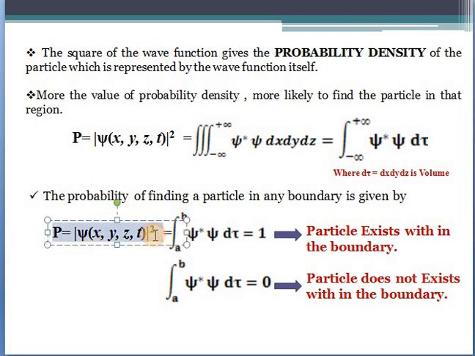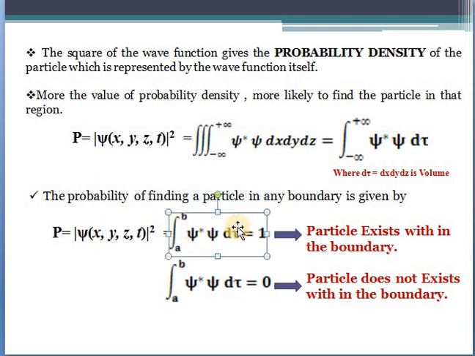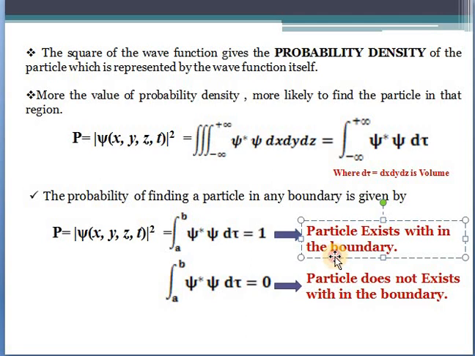So the probability density psi star psi, within that boundary, is the integral from a to b of psi star psi d tau. Calculate the value. If you get the value as 1, then you can conclude that the particle exists within the boundary.